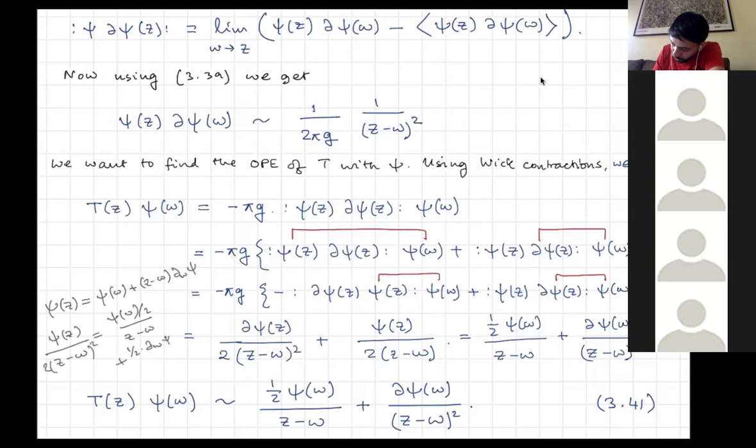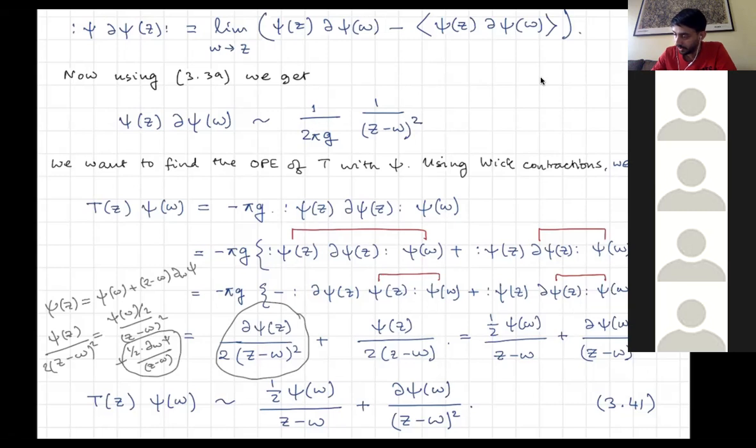This is a squared, I'm sorry, so this is another squared, so this is z minus omega. So you see this term is going to add up with this term and is going to give you this term.